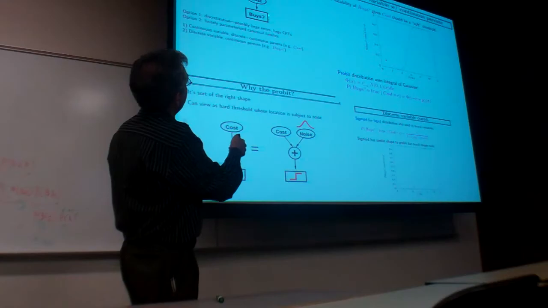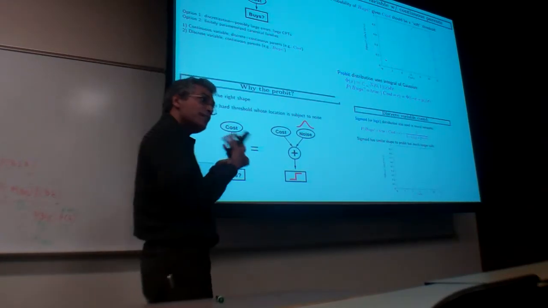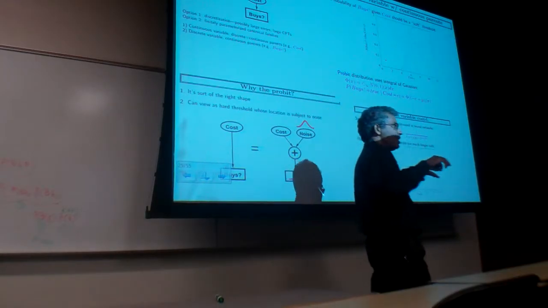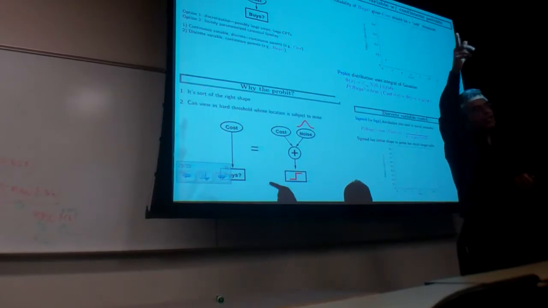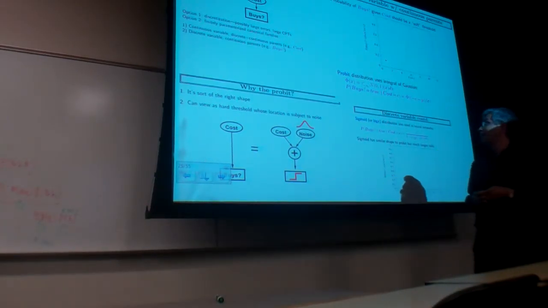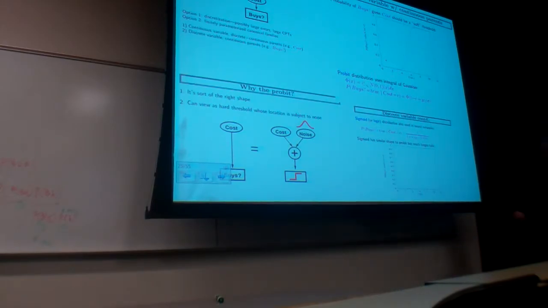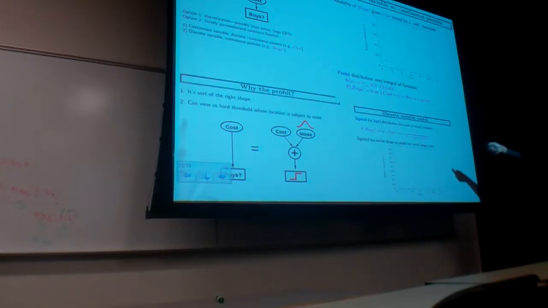But you also need to provide buys given cost. Buys is a Boolean. Cost is a continuous value. So you need some sort of a thresholding function. You need a distribution that looks like a threshold, and there are multiple such ones. For example, the probit distribution, which is essentially the integral of the normal distribution up to a point.